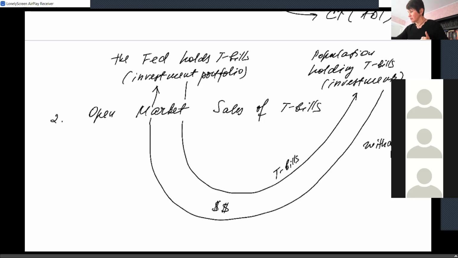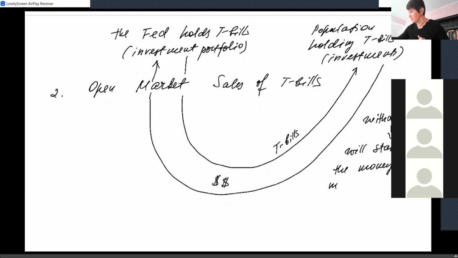Increase in withdrawals will reduce banks' excess reserves, will reduce banks' ability to issue loans, and will start the money multiplier in reverse, resulting in a contraction of money supply.